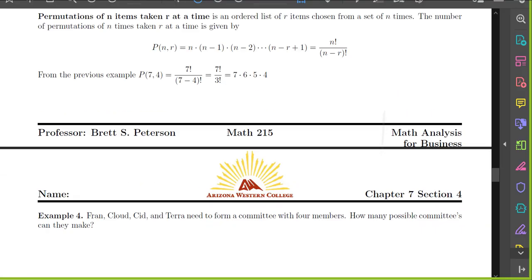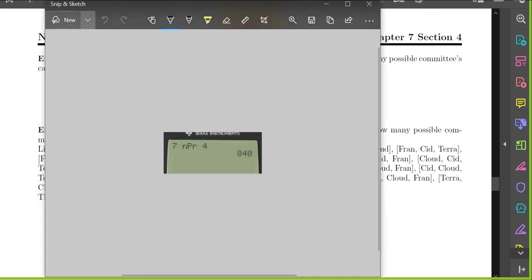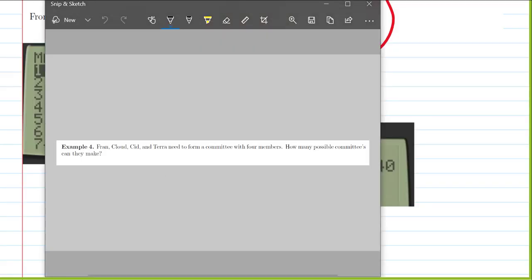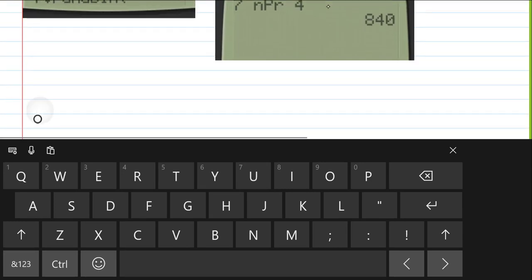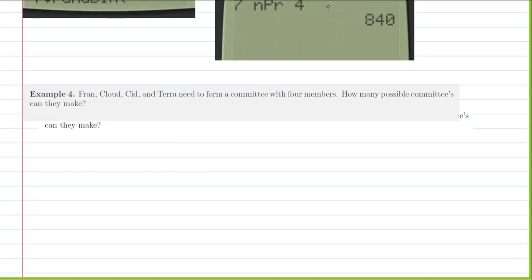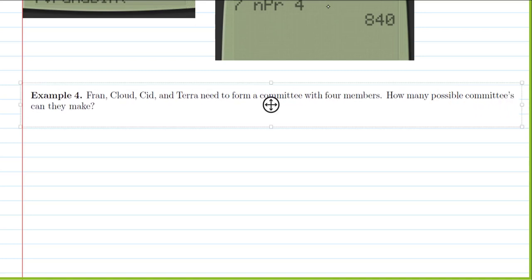All right. So now let's take a look at our next example, and we want to compare this with our very first example. This time, Fran, Cloud, Sid, and Tara need to form a committee with 4 members. How many committees could they make?